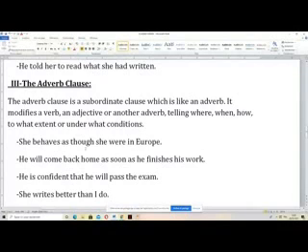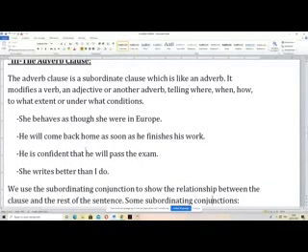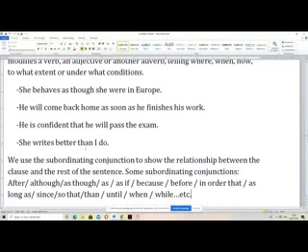Just related to the adverb clause, I'd like to talk about the conjunction. Adverb clauses are connected to the rest of the sentence through subordinating conjunctions, because the subordinating conjunction shows the relationship between the clause and the rest of the sentence.